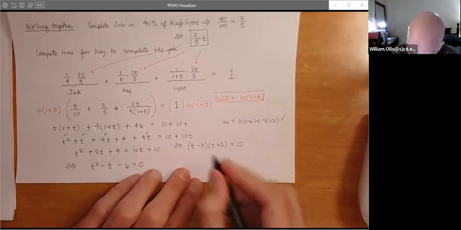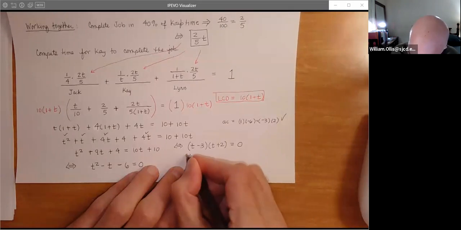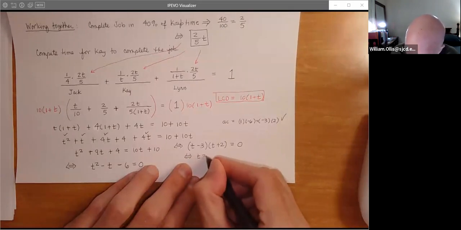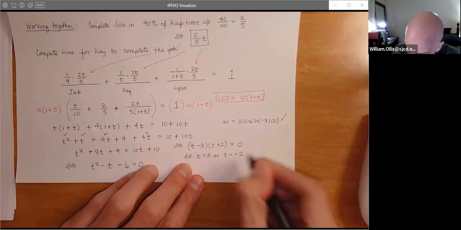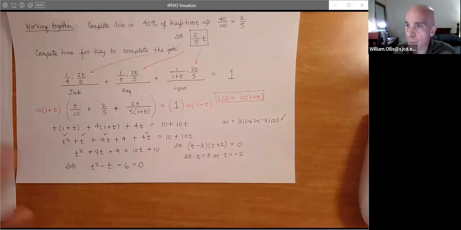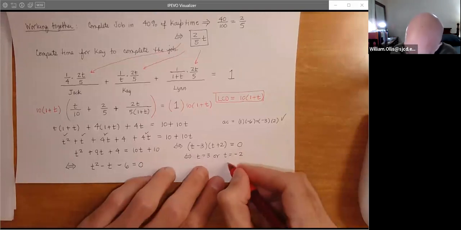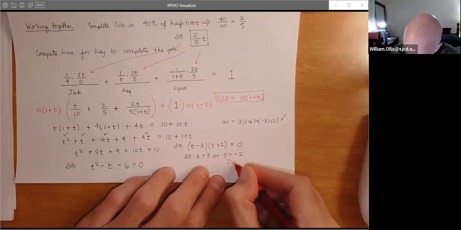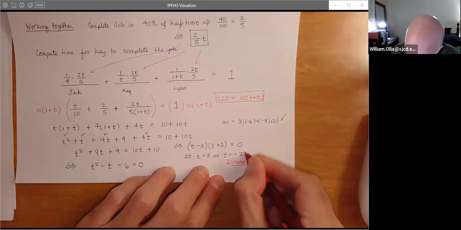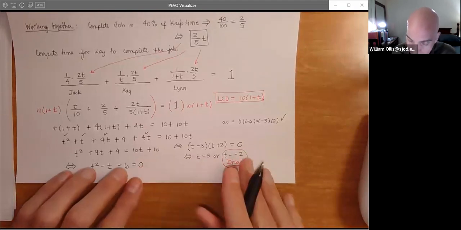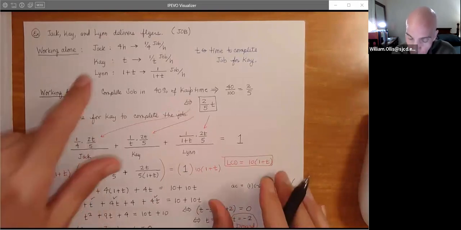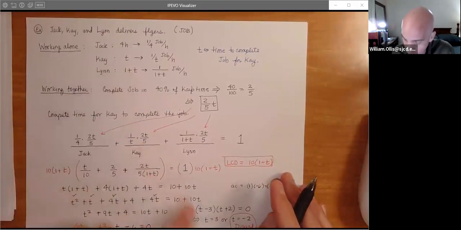Okay, so now what does this mean? Zero product if and only if t equals 3 or t equals negative 2. And of course, the negative 2 for the time does not have logical sense, so we discard this one. And therefore, what we see, and notice here, I was careful to choose the t for k so that we get it directly.